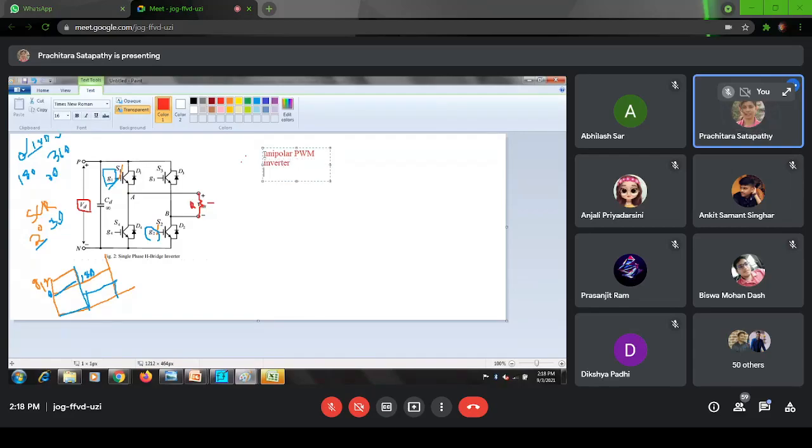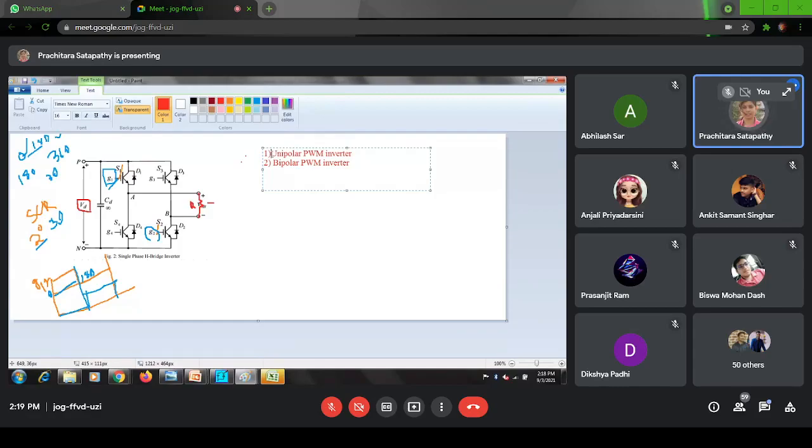Another is bipolar PWM, okay. Understood? You have two types, so you will design these two, okay, and you will see the difference, okay.